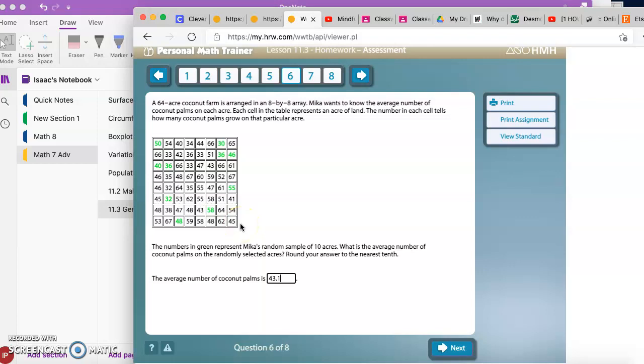And she's trying to figure out approximately how many palms grow on each acre of land. So the numbers in green represent Mika's random sample of 10 acres. And we want to know the average number of coconut palms on the randomly selected acres.